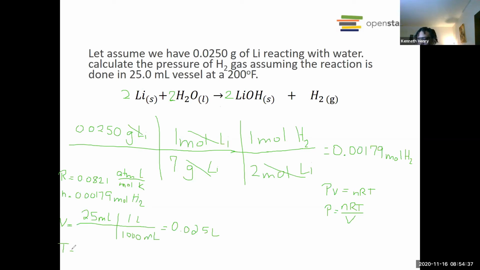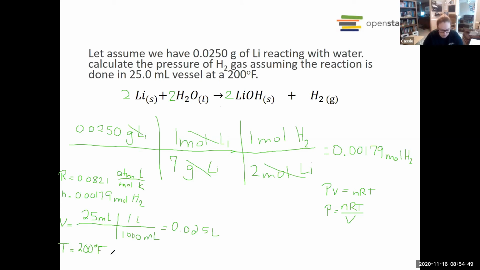T. 93 Kelvin. How did you calculate? Oh wait, no, that's Celsius. Hold on. So it's 366 Kelvin. Okay, so how do I calculate that? You have to do 5 ninths times 200 minus 32, which is your Celsius, and then you add 273.15.